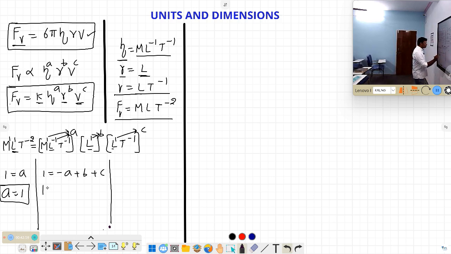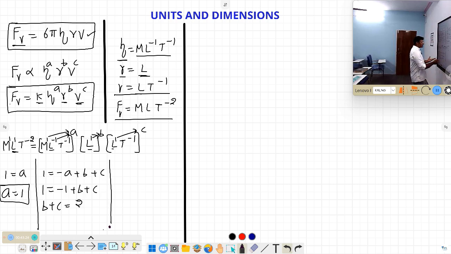If you put the A value, 1 is equal to minus 1 plus B plus C. Minus 1, if you bring it this side, becomes plus 1. Already 1 is there, 1 plus 1, it becomes 2. So B plus C is equal to 2 you are going to get.